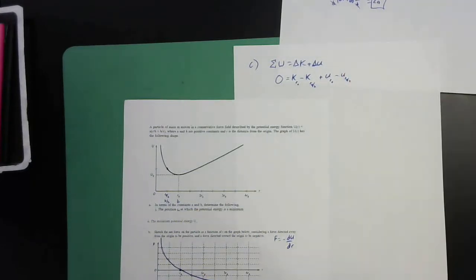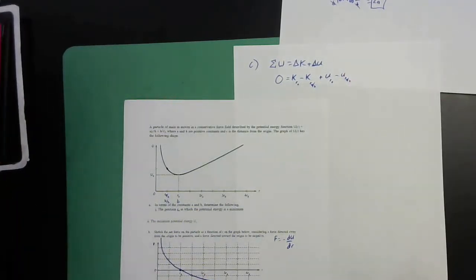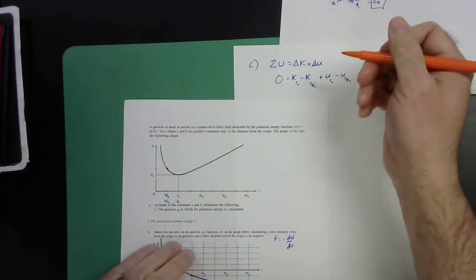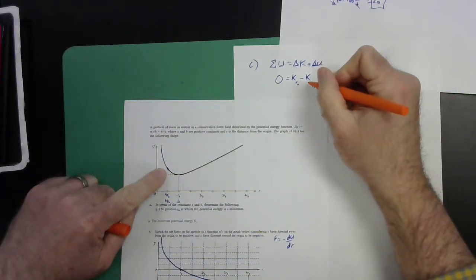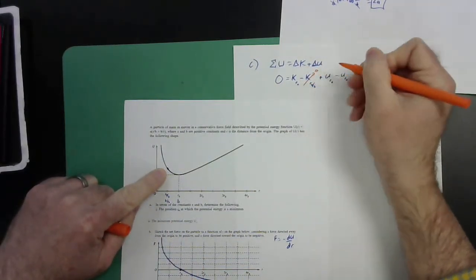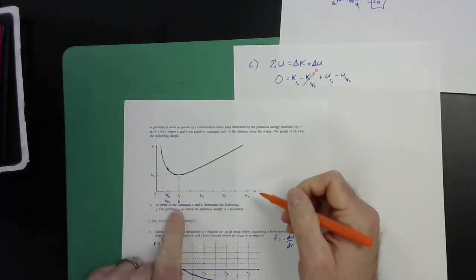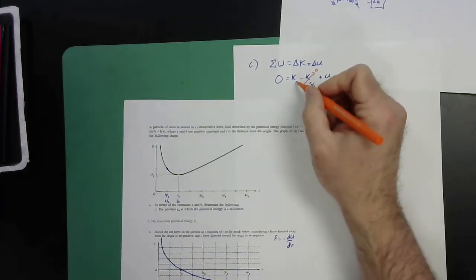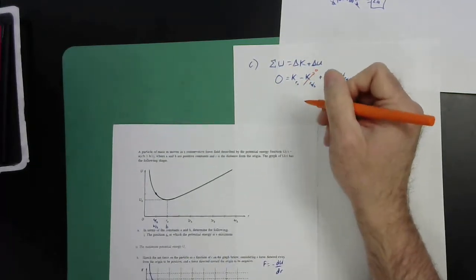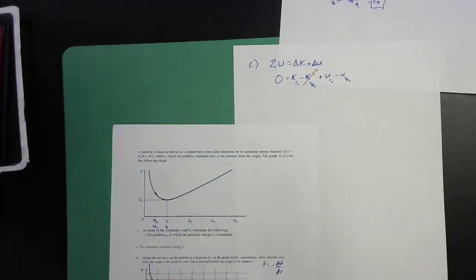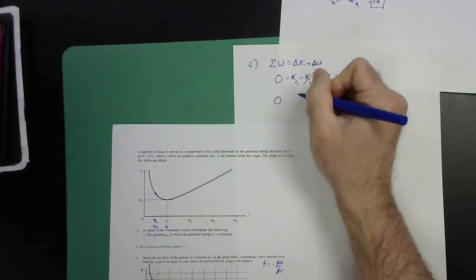Now, we know something here is going to cancel out, and that is we know we're starting from rest. So when we're here at R naught over 2, this kinetic energy is going to be 0. I'm trying to find the velocity when I get to R naught, which is in that kinetic energy equation, so I'm going to substitute that in.